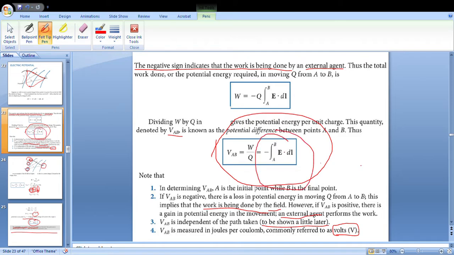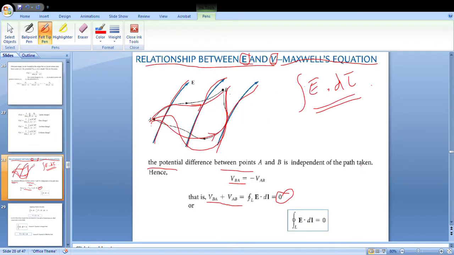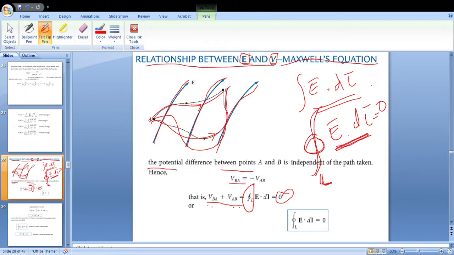The same formula is used here, and you can see that we have used a closed integral, that is this symbol. That means over a closed path, VAB plus VBA forms a closed integral. So over a closed loop, E vector dot dl vector, which is nothing but the potential difference, will be equal to 0, right? So this equation is very important here.